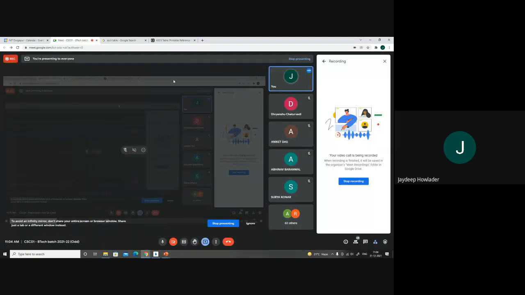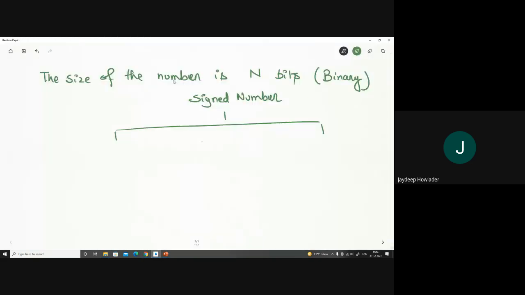There are two ways to represent the signed number. One is called sign magnitude, and another is called complement. First we will try to understand how sign magnitude works.